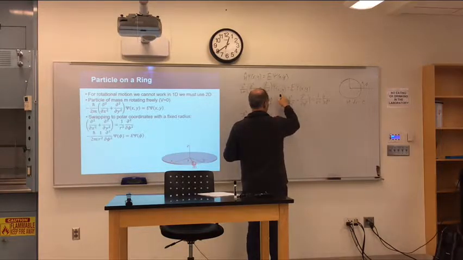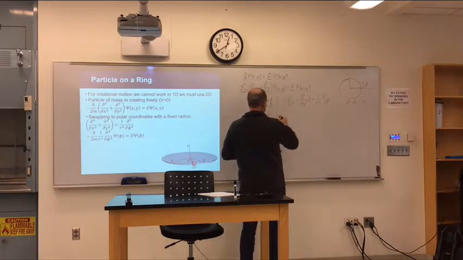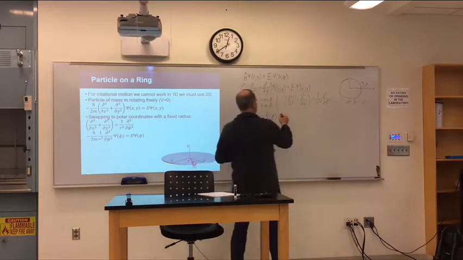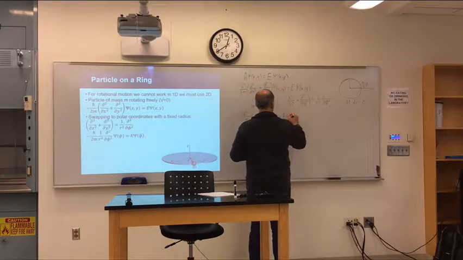Instead of being in terms of x and y, we swapped to polar coordinates. r is being held constant, so it's just in terms of phi. Okay, equals E times the wave function of phi.